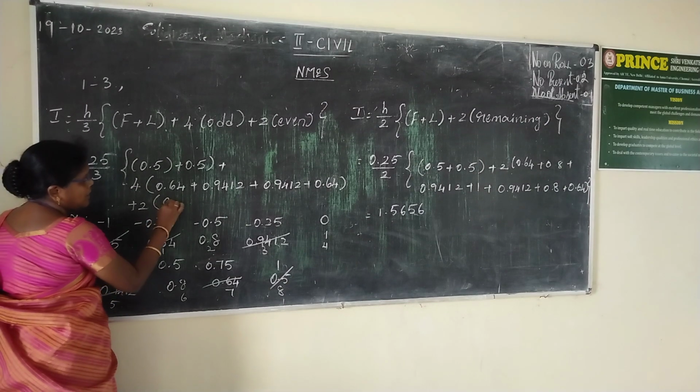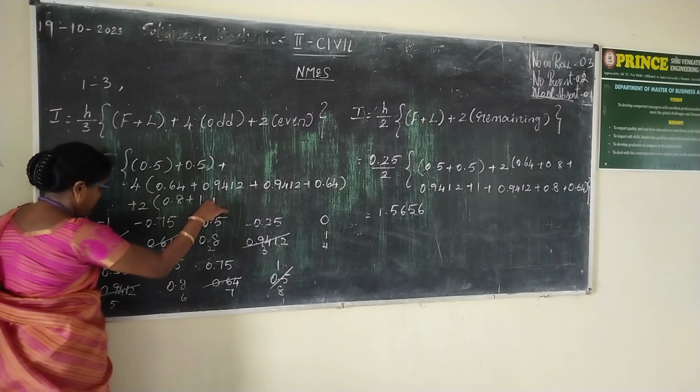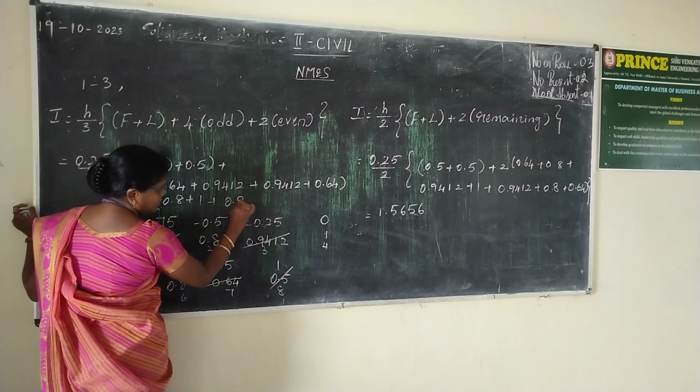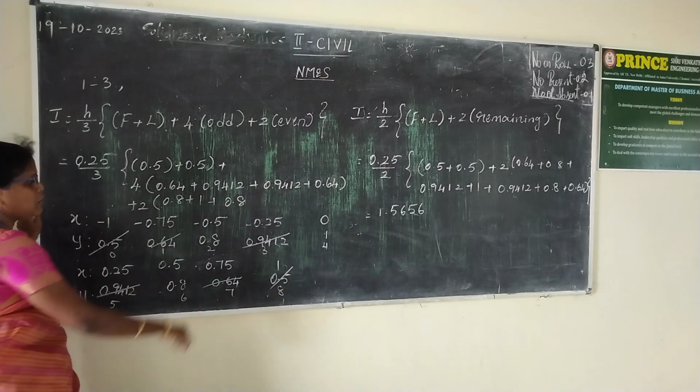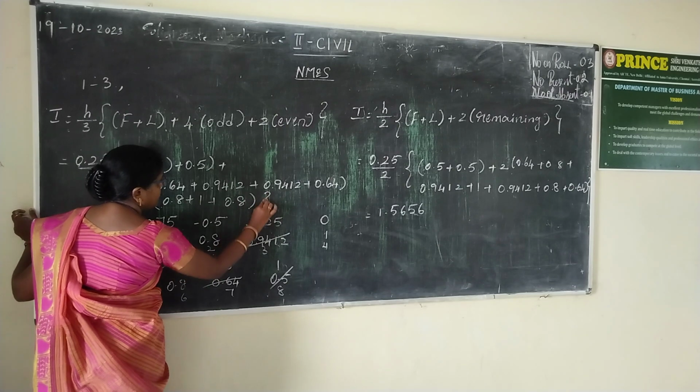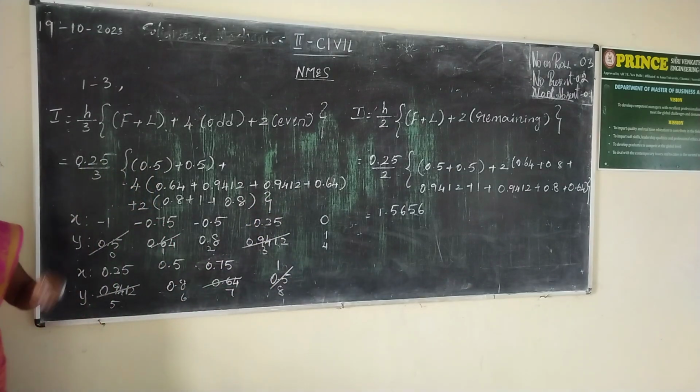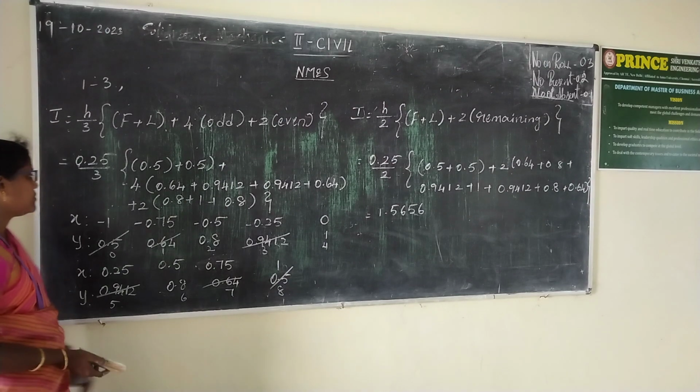So it will be 0.8 plus 1 plus 0.8. That's all. Only those are considered. By striking out, the advantage is that you won't repeat values and you can identify which values are left out. Fine, what is the answer?